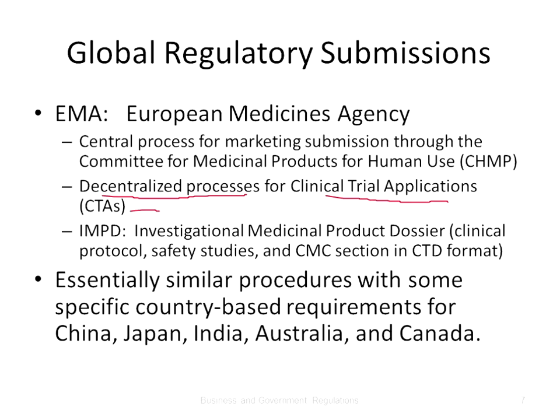Now, this has been largely superseded by something called CTX, which is clinical trial exemption. Okay, so that's what we use now. And again, it is a decentralized process, and you have to apply to individual countries wherever you are conducting the clinical trials.